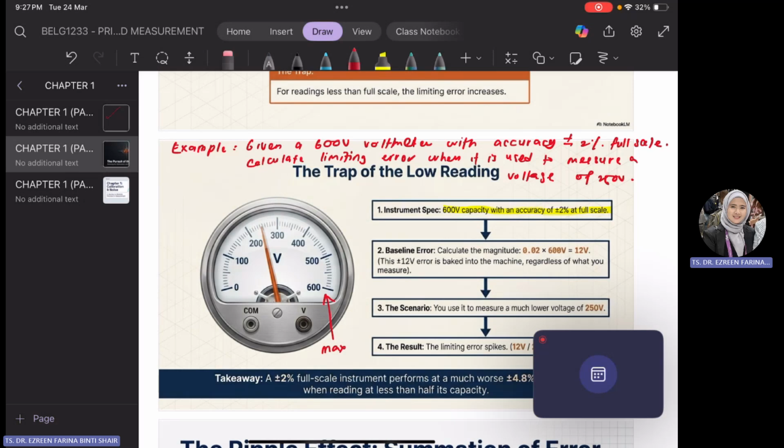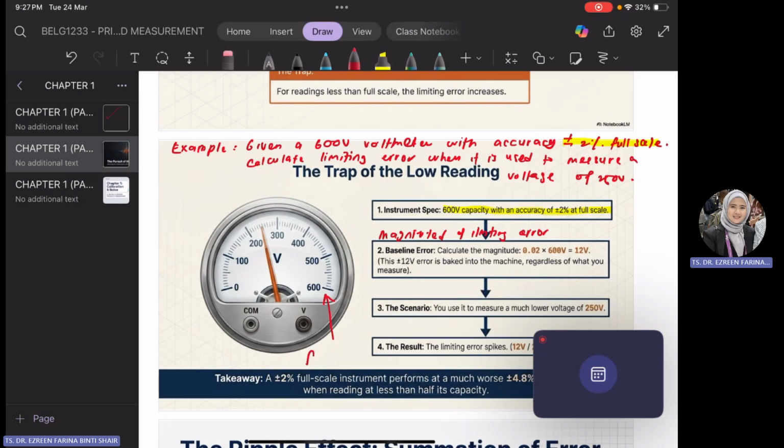first thing that you need to do is to calculate the baseline error. So how to calculate the baseline error, or the magnitude of limiting error? To calculate this one, we already know that the error is plus minus 2% full scale.